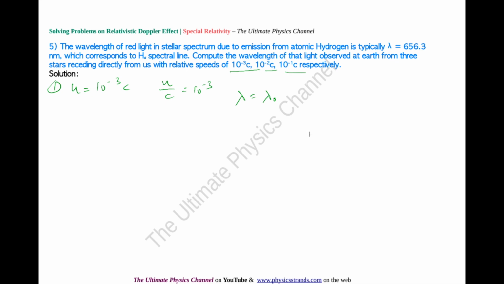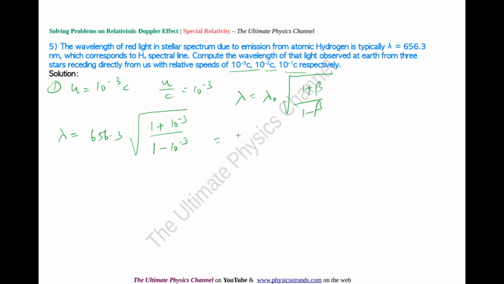Receding away from us, frequency decreasing, wavelength has to increase. So wavelength increases means we have this formula square root of 1 plus beta over 1 minus beta here, right? So in all the three cases we have to use this formula. Lambda is equal to lambda naught, which is 656.3 nanometers, multiplied by square root of 1 plus 10 power minus 3, which is beta, over 1 minus 10 power minus 3.